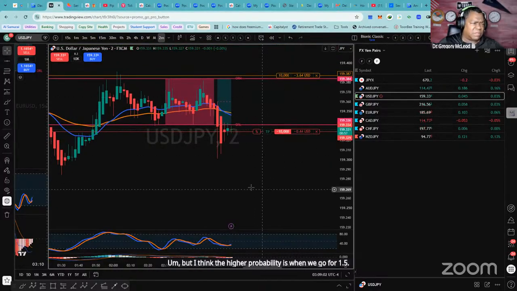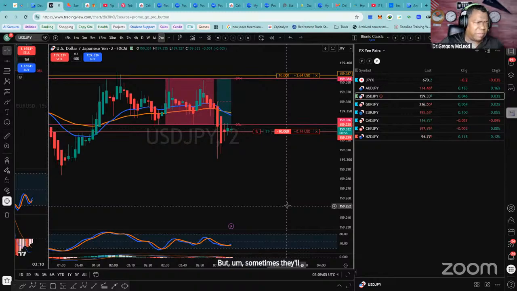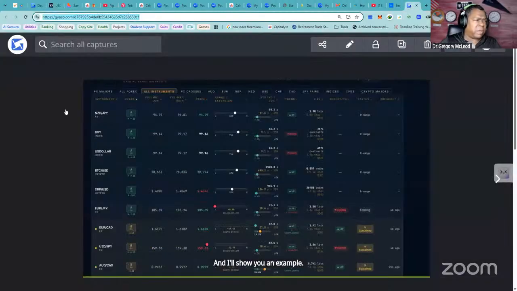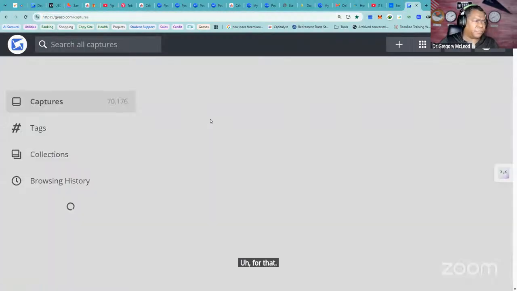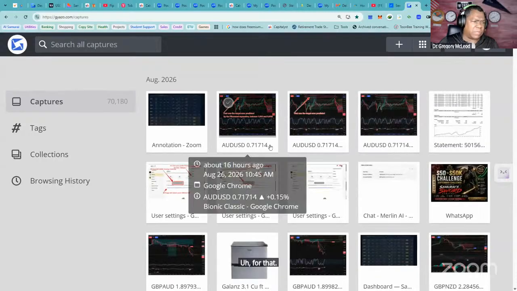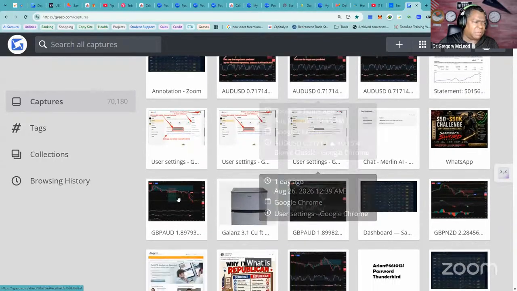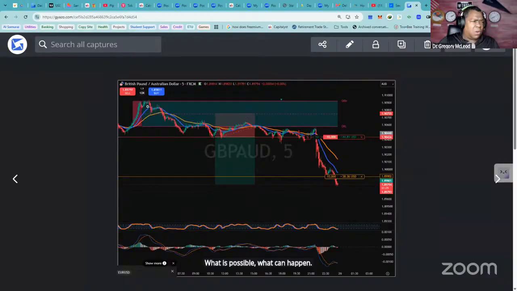But sometimes it will go further. I was taking a pound Aussie short yesterday, and I'll show you an example of what is possible. We had an opening range breakout yesterday, 7:30 to 9 o'clock, right? So we broke south after the Tokyo Open.